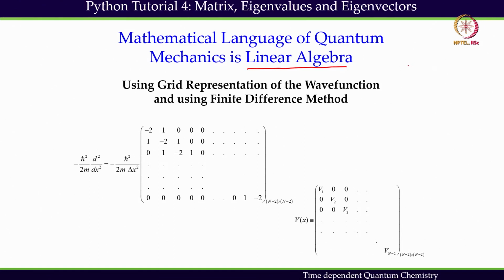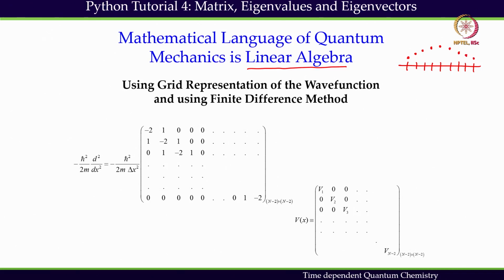So, we said that the entire space can be divided into an equally spaced grid, and the wave function will be represented as a discretized function on this grid like this.